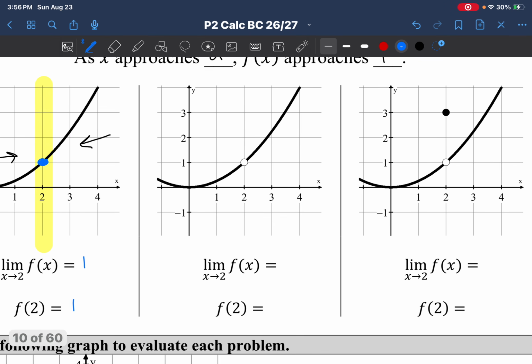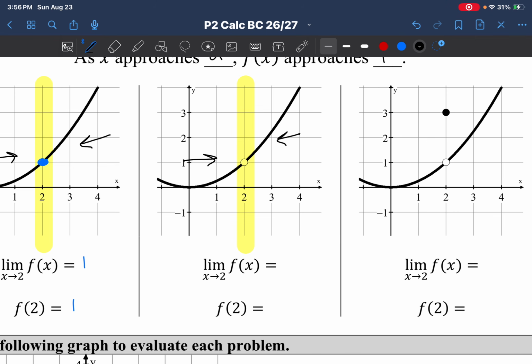Okay, let's look at this one. This one says the limit as x approaches 2 of f of x. So I do the same thing. I look at 2. And notice here I now have a hole there. You'll soon find that a hole does not matter because a limit is not asking us what the value is. It's asking what the value is approaching.